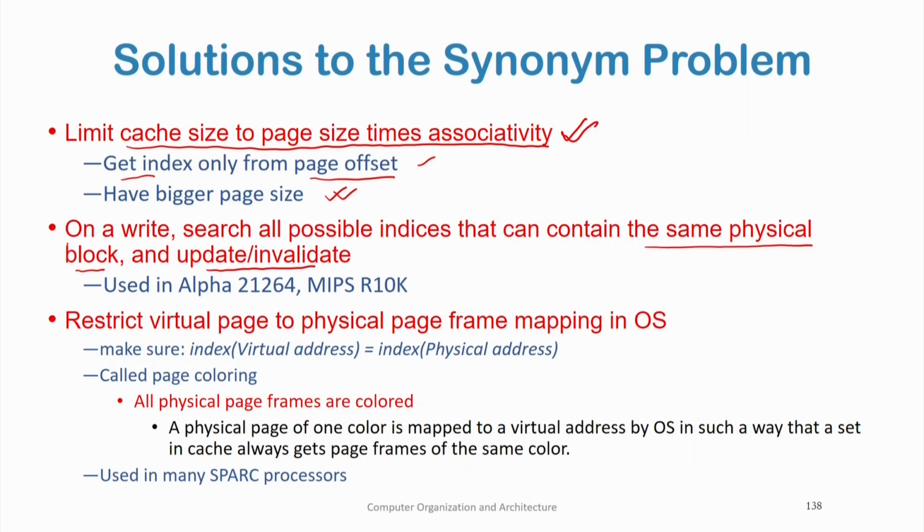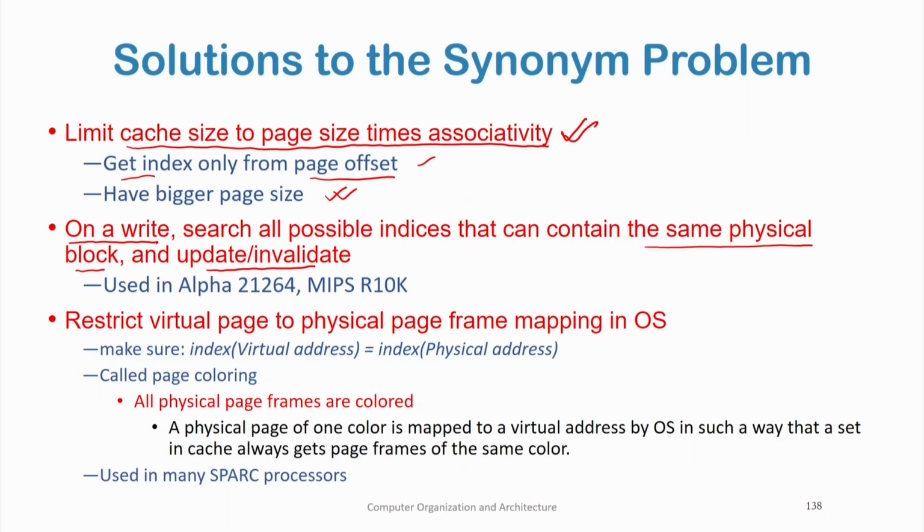So, on a write, what happens? We have to search all possible indices that can contain the same physical blocks. I want to write some data into the cache. During this, I have to search all possible places to retain consistency, so that the same physical address is not present in multiple locations in the cache.